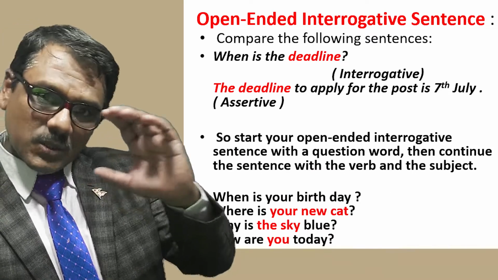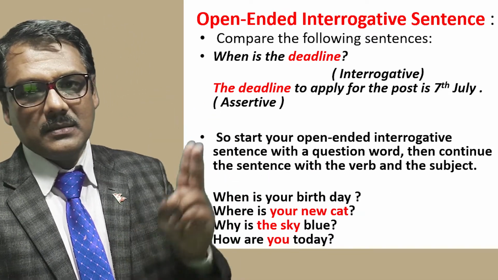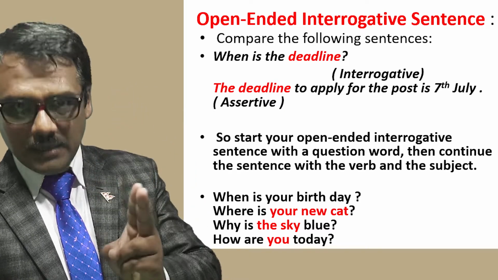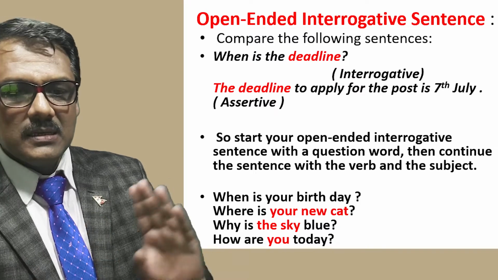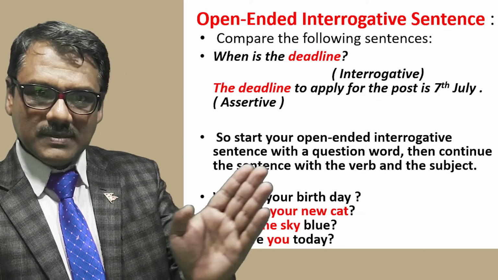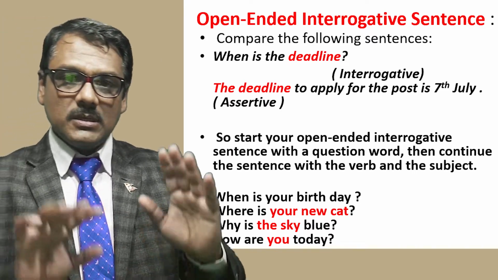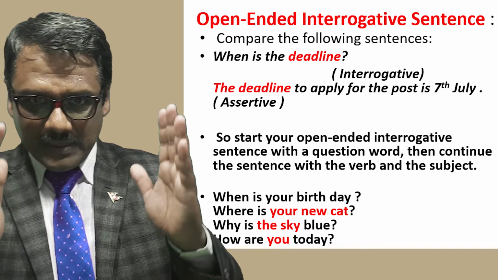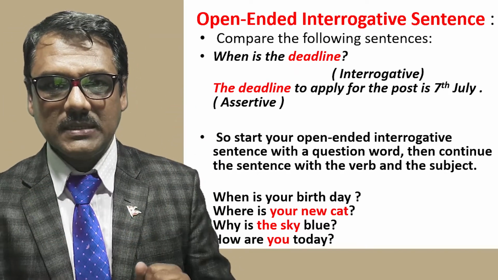So let's notice the structure of this sentence: WH word and verb, then after that the subject. And the second sentence, the deadline is the subject, and then after that the verb and predicate, the rest of the part. So generally, structurally, what is the difference between an assertive sentence and an interrogative sentence?